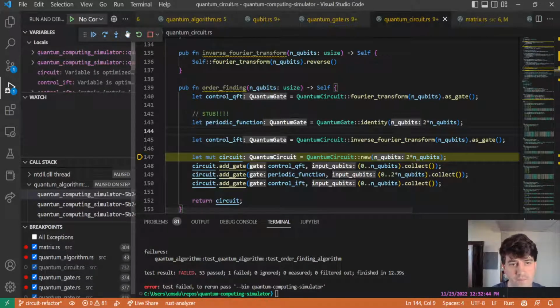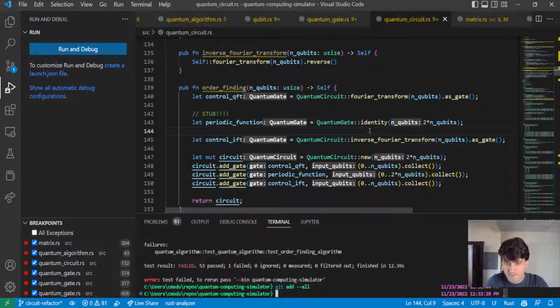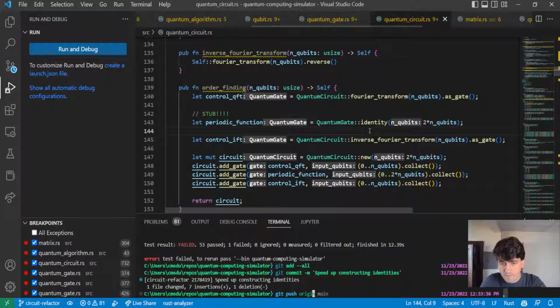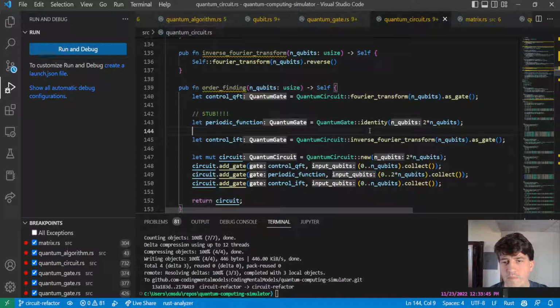Okay. Speed up constructing identities. Where am I right now? Circuit refactor. Okay. All right, so that should be somewhat faster.